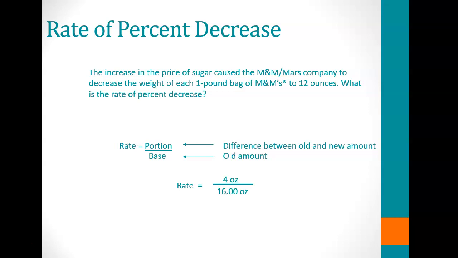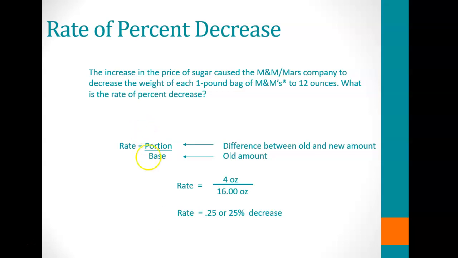Now we're saying that the new bag is only going to be 12 ounces. So based upon this information, the new bag is 4 ounces less than the original bag. If I take the 4 and divide that by 16, that is 0.25 as a decimal, which gives me a 25% decrease.